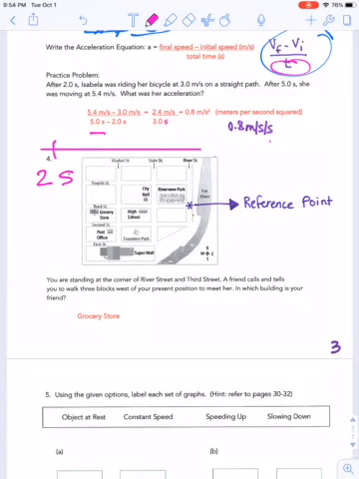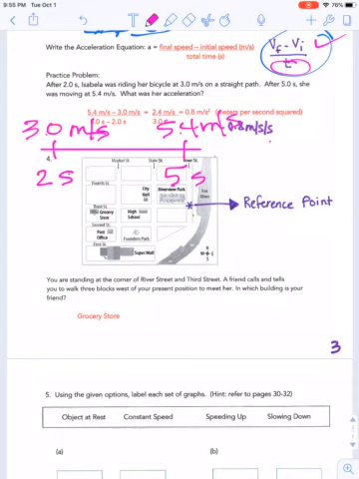After 2 seconds, Isabella was riding her bicycle at 3.0 meters per second. I'm going to put my speed up on top. After 5 seconds, she was moving at 5.4 meters per second. What was her acceleration? Now I have all of the information on my line here.